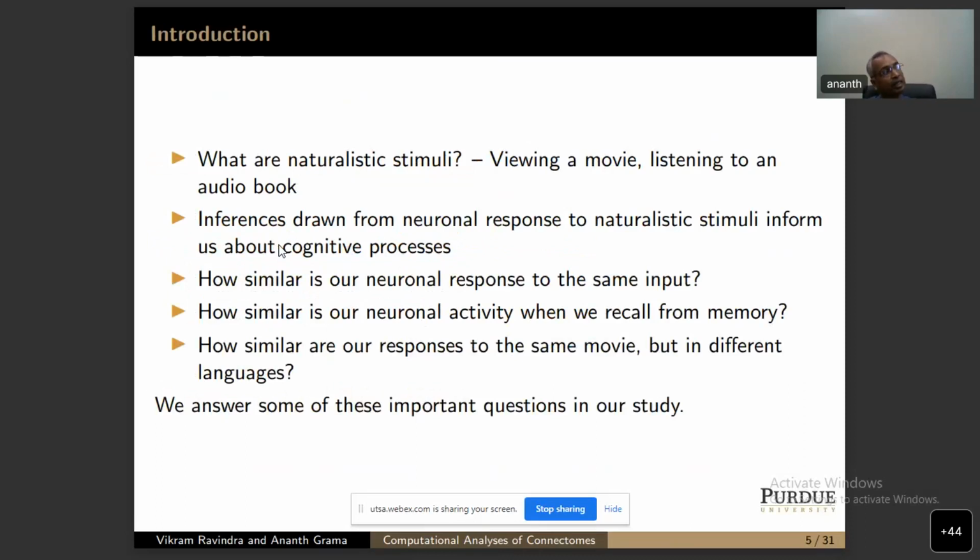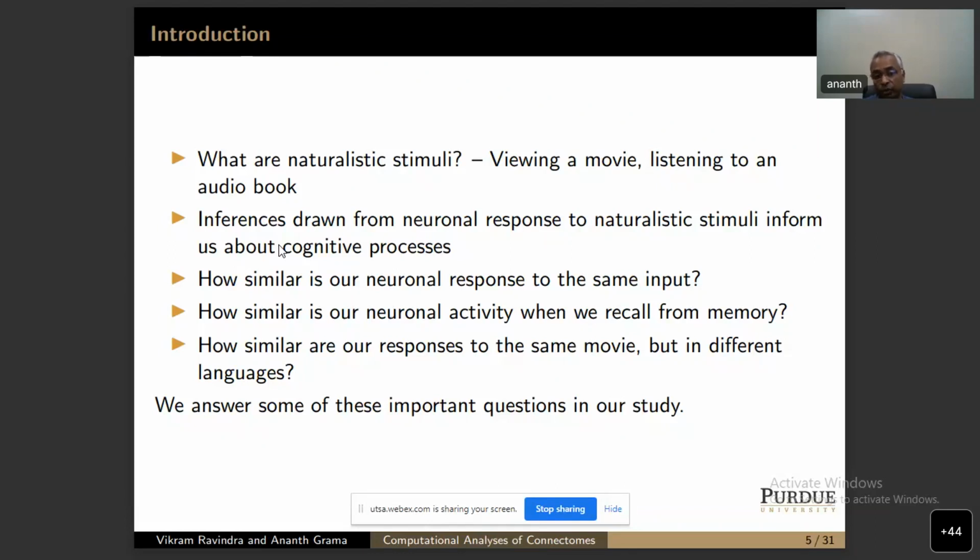So now I'm asking the question, let's say I subject you to naturalistic stimuli. So, viewing a movie, listening to an audiobook, these are all considered naturalistic stimuli. Is there something I can learn from your neuronal response that says something about the stimuli? Or conversely, if you give me a stimulus, can I predict what kind of neuronal response I'm going to get from that stimulus?